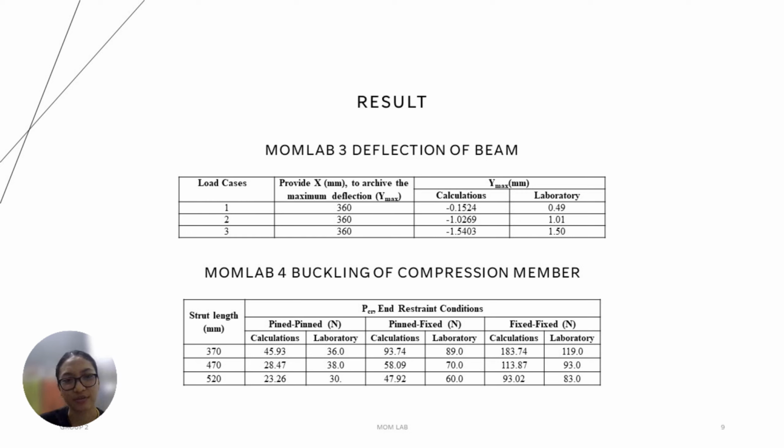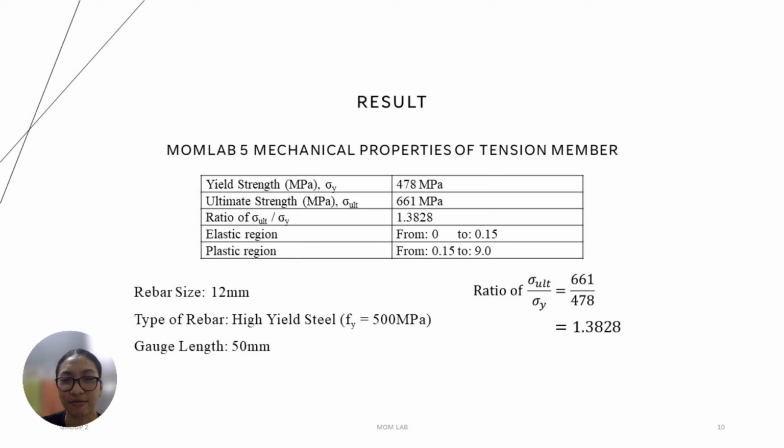It applies the same to the fourth lab. However, for Lab 5, there is no comparison between the manually calculated results and lab obtained results because it's simple calculations, as you can see here.